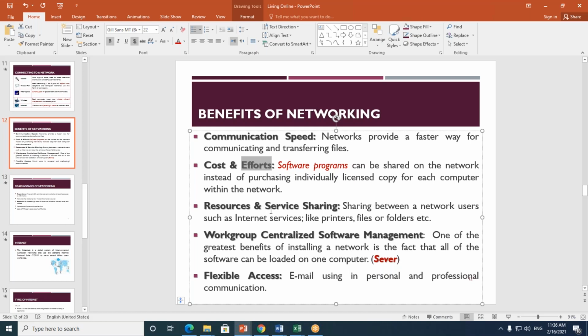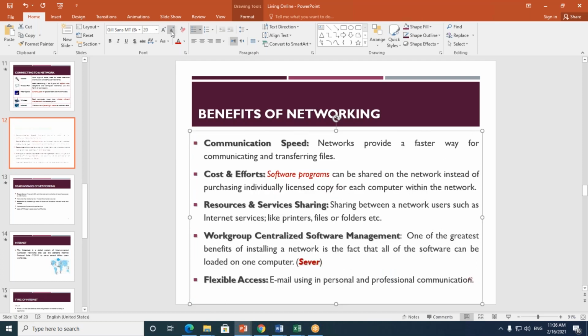Resources and services, as we mentioned, the resources and services available through the network can be provided to the group of users on our network. Resources are of two types. Resources could be, as I told you, hardware or software. The hardware could be printers, scanners, disk drives, whatever.